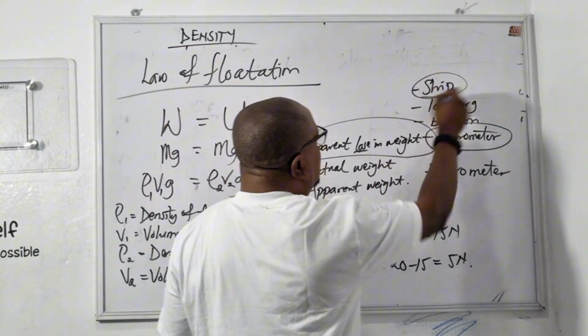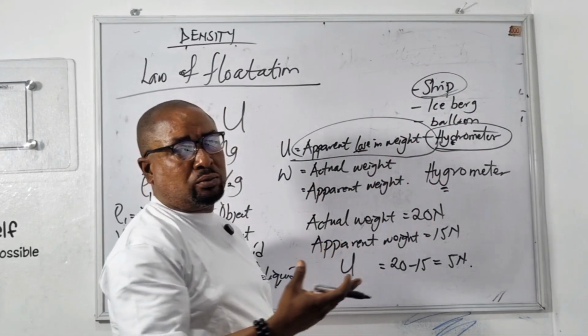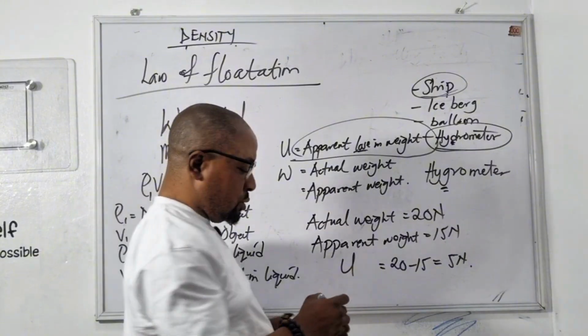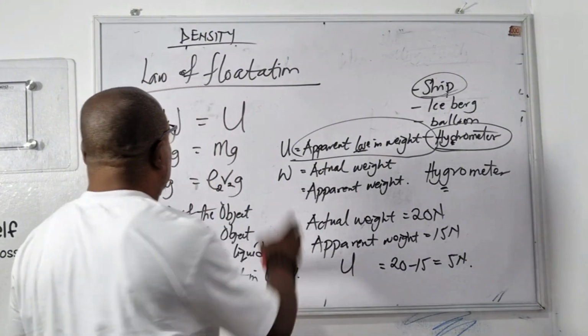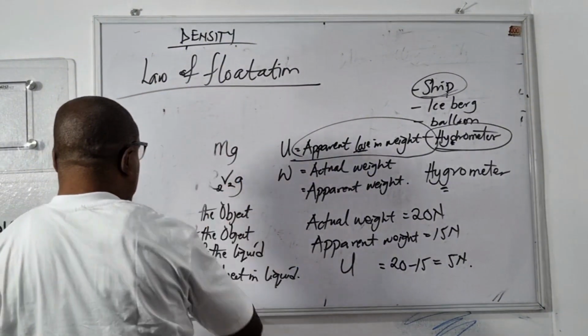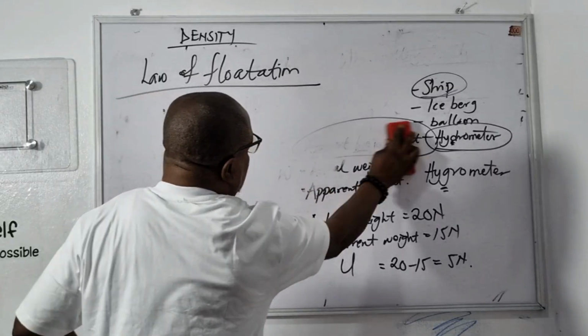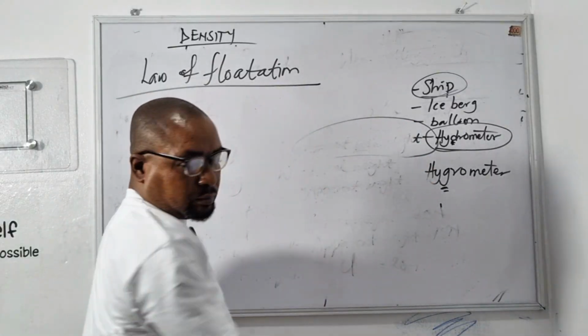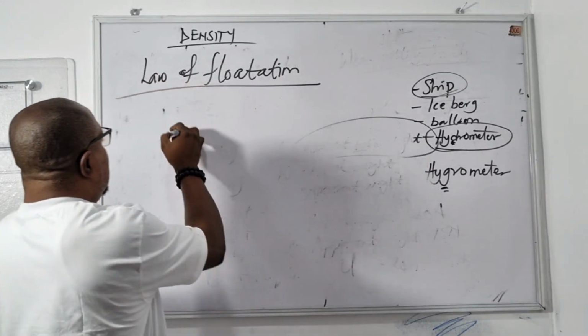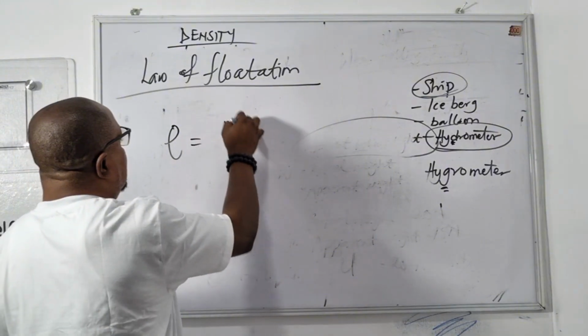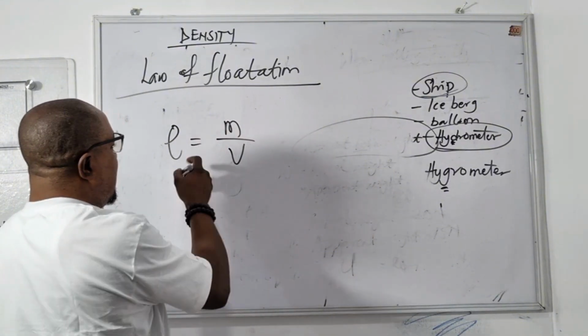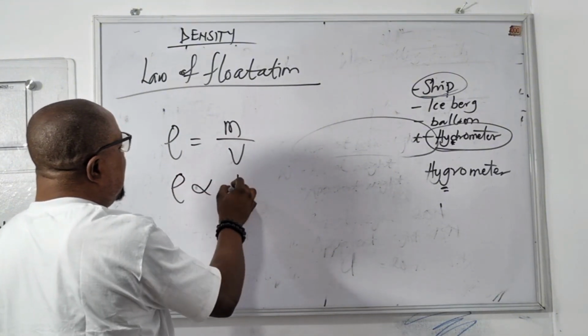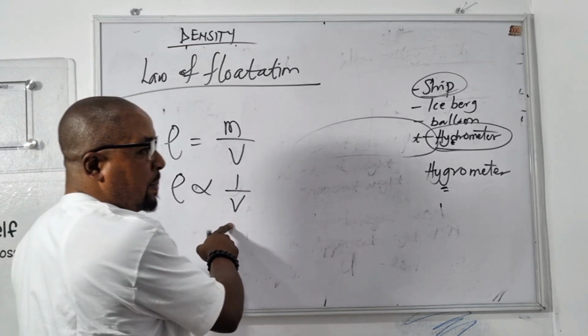Now, the ship has a hollow. Let me explain this very well. We say density is equal to mass over volume. You will notice that density is inversely proportional to volume.